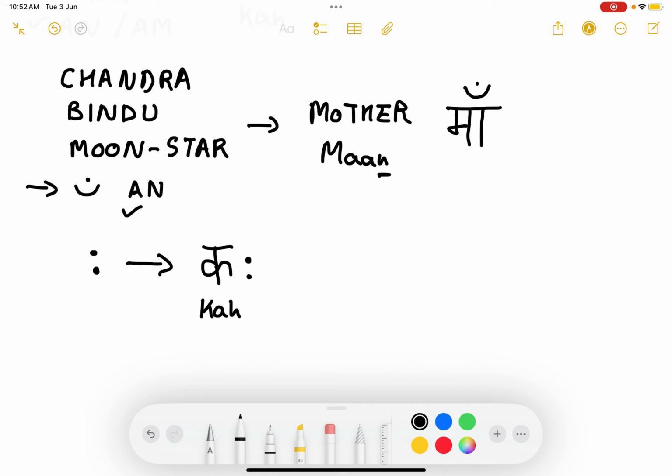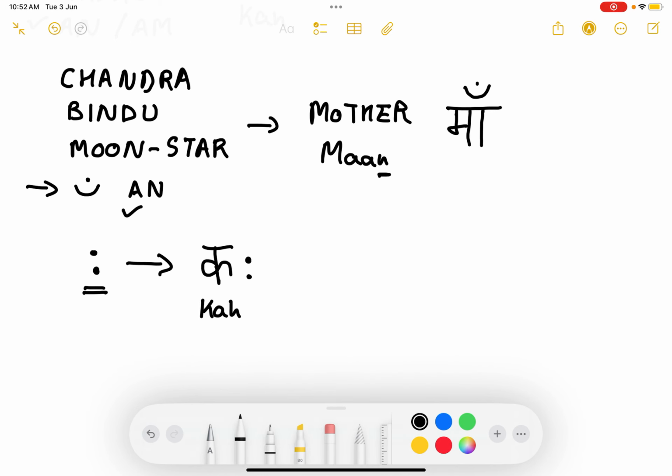So we pronounce the k letter fully and then add an h with an aspiration. Whenever you see this matra, you remember it as an aspirated h sound. Kah.